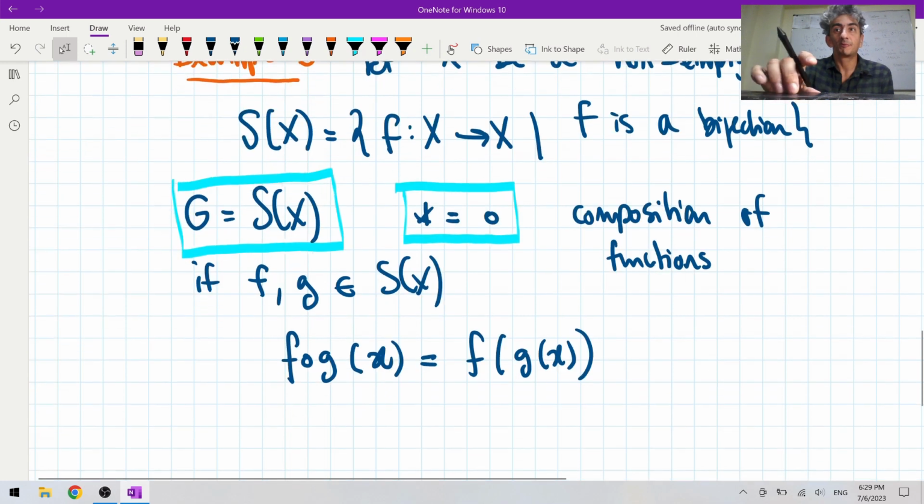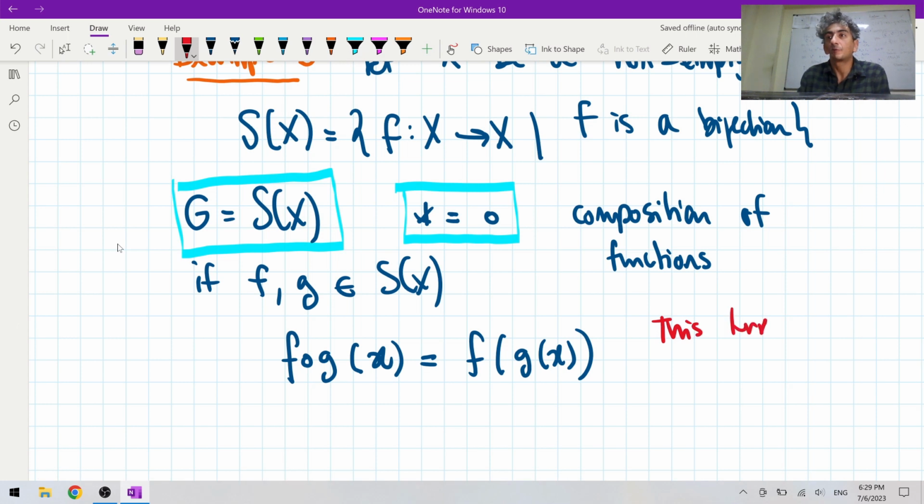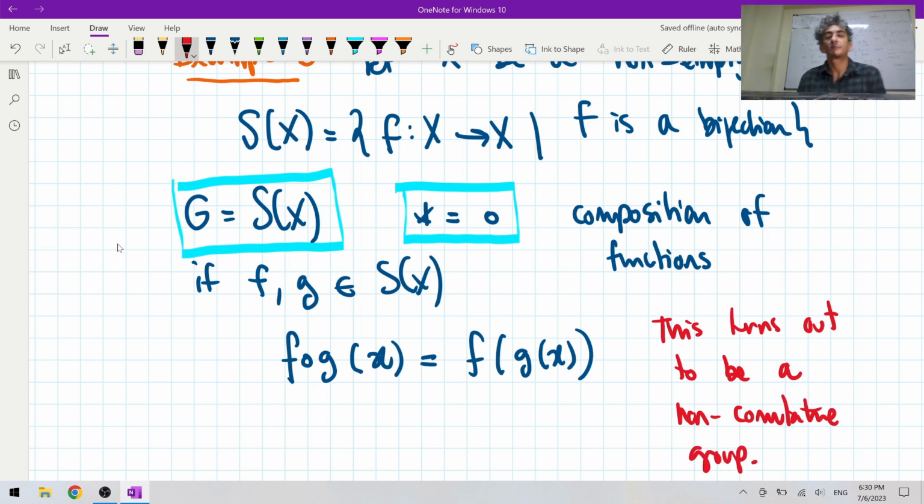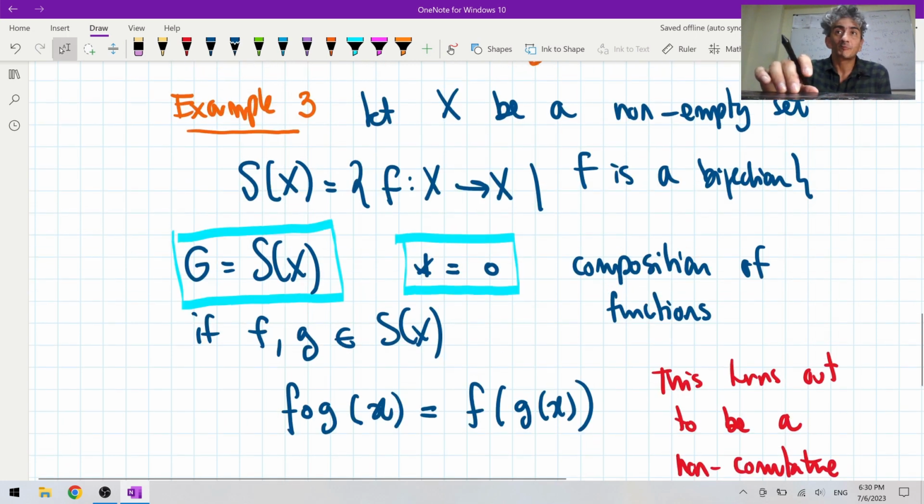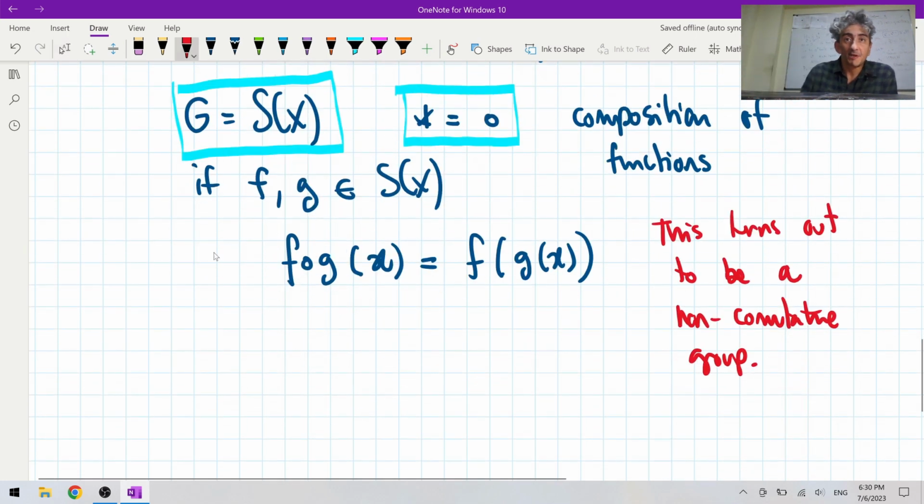And now the underlying set with the composition of functions yields a non-commutative group, that is a non-abelian group. Let's show with an example that this is the case. In this case, the neutral element is simply the identity.